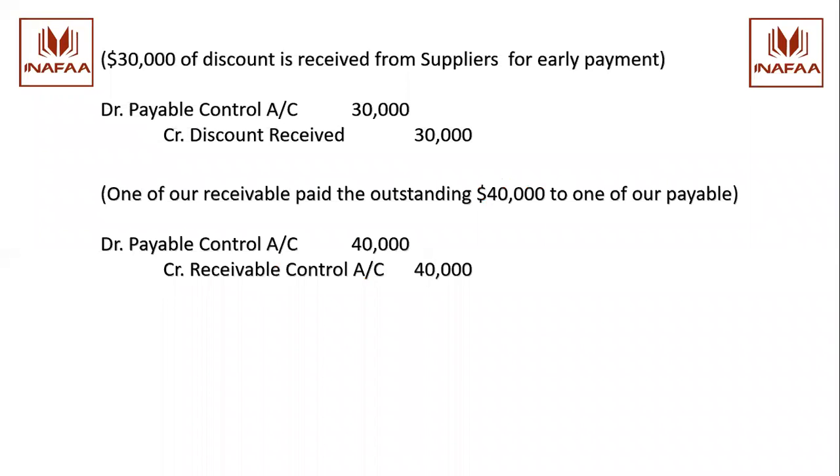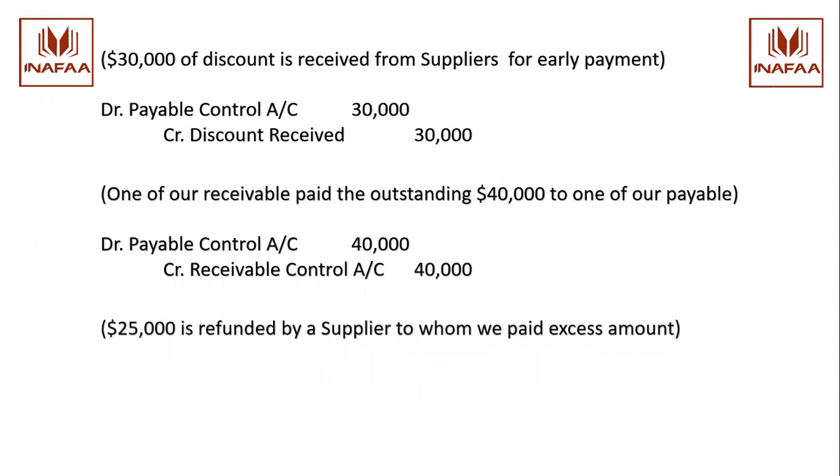So moving to the next transaction, 25,000 is refunded by a supplier to whom we paid excess amount. This is the same transaction we already discussed. Whenever a supplier pays us, because we have paid him extra amount, now the payable has become my asset. So when the supplier pays me back, I will debit cash 25,000 and I will credit my payable as a decrease in asset, because although my payable is my liability, this is the exception.